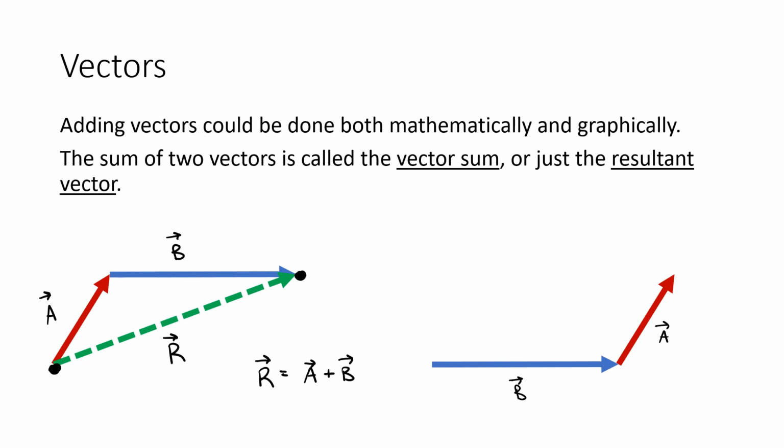Again, take a picture of where you start, take a picture of where you stop, and you're going to find out that the resultant vector is exactly the same. So this is the exact same green dotted arrow.